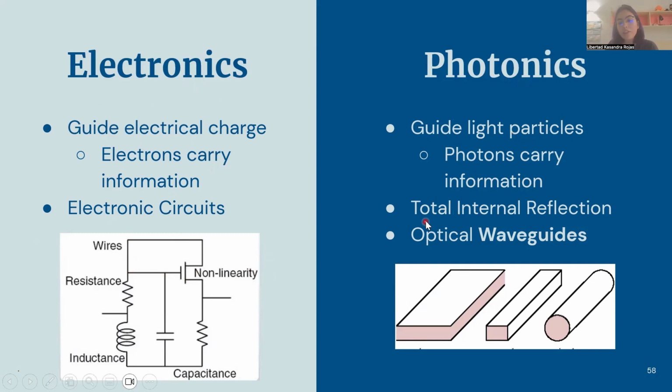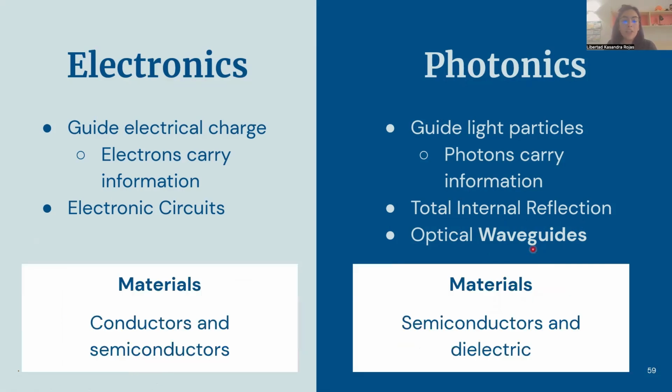Now, in photonics, we base everything on total internal reflection, as I just mentioned, right? The fact that we're able to guide light within a material by making sure it stays inside. So thanks to total internal reflection, that is possible, and we are able to have our waveguides. Okay, now when it comes to materials, in electronics, most electronic systems are made out of conductors such as metals and semiconductors, for example, some types of ceramics.